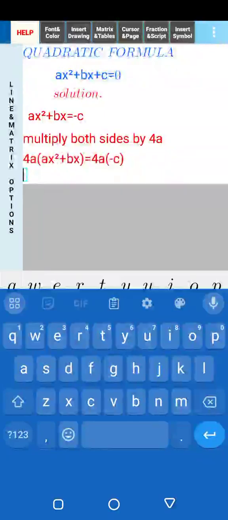You see, you multiply both sides by 4a. The next thing is to open your bracket.